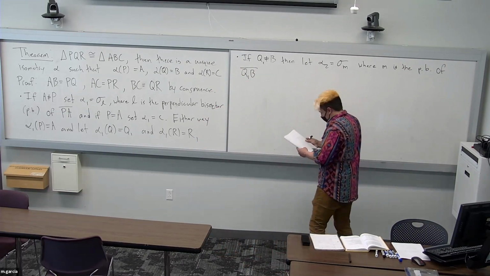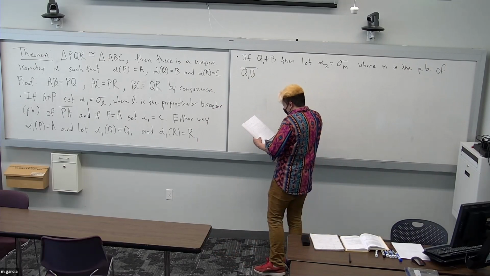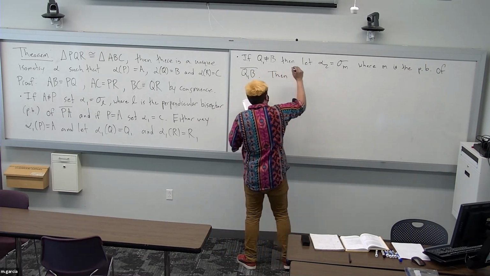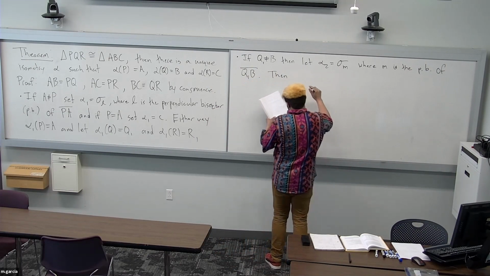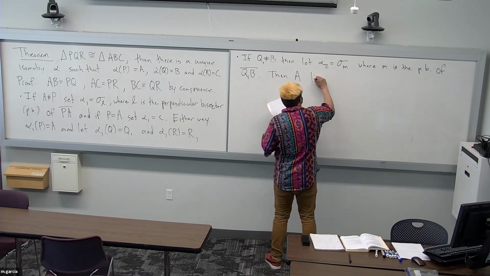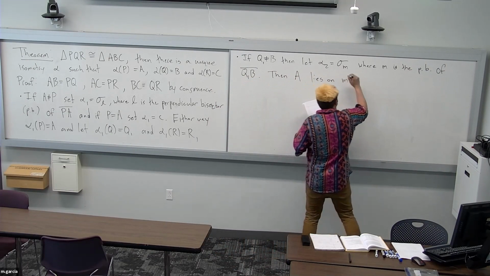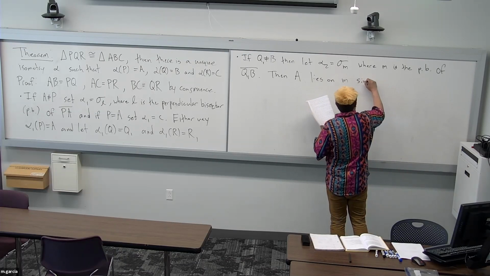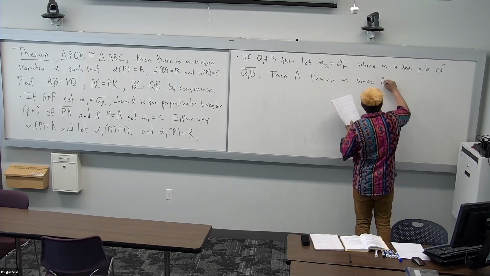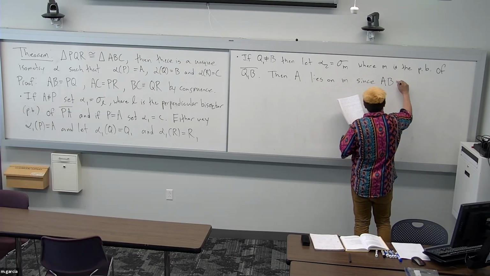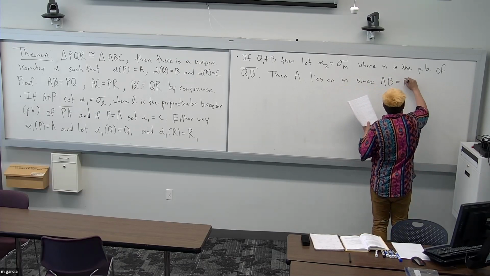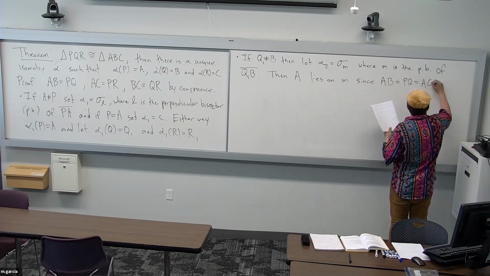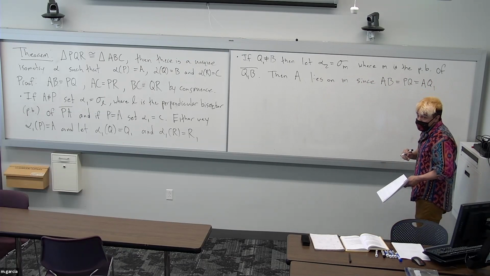Then we know that A lies on the line m, since the distance from A to B is equal to the distance from P to Q, which is equal to the distance from A to Q1. Okay?